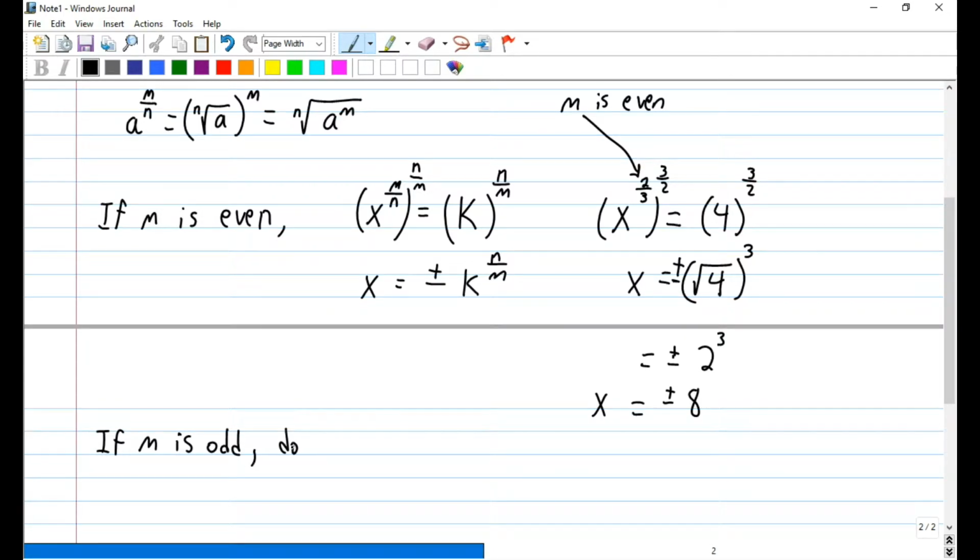We're just going to say that. Do not put a plus or minus in front of, I'll say either side of the equation.